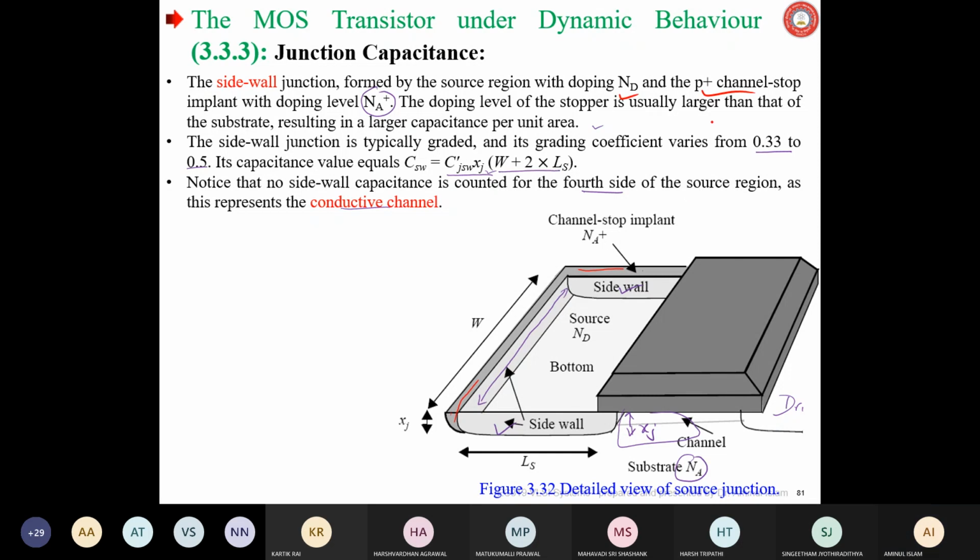So it is called the channel stop implant with Na plus, not Na. The doping level of the stopper is usually larger than that of the substrate, resulting in a larger capacitance per unit area. Concentration is more means the depletion layer width will be less, and hence capacitance will be more. Did you understand?